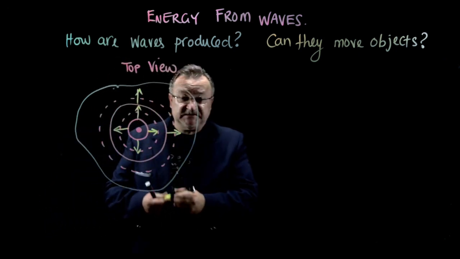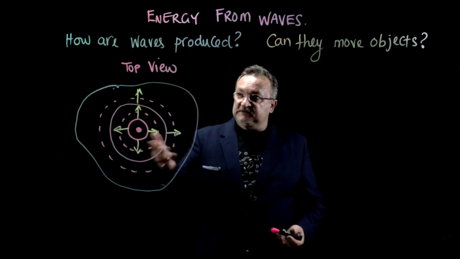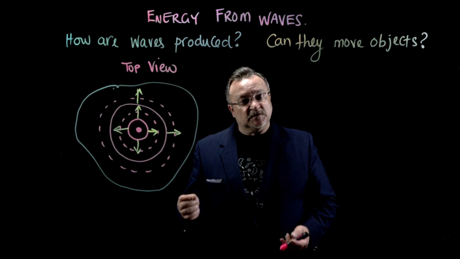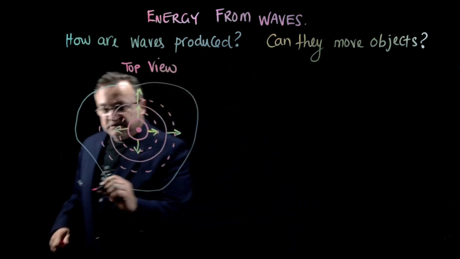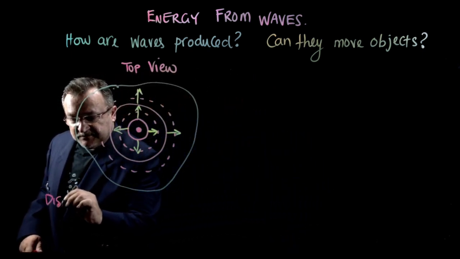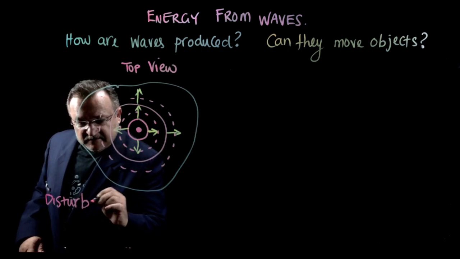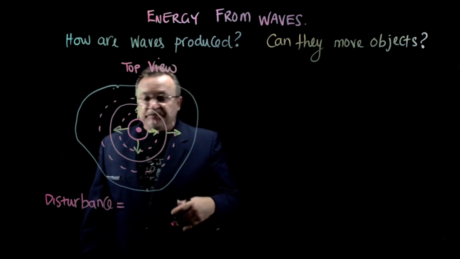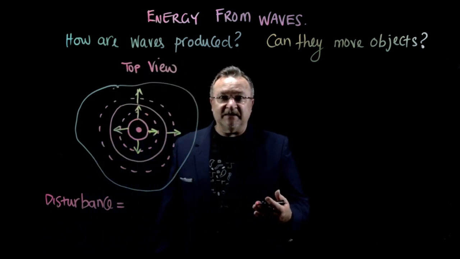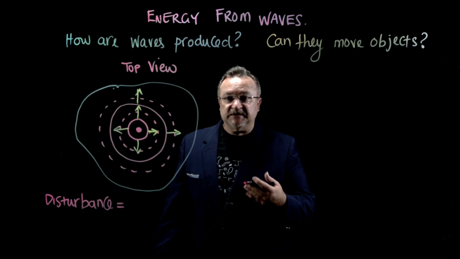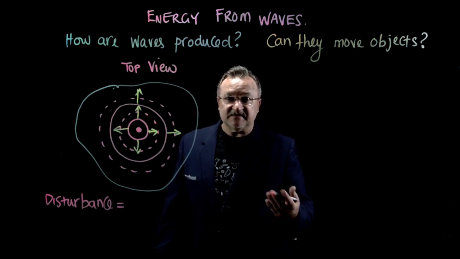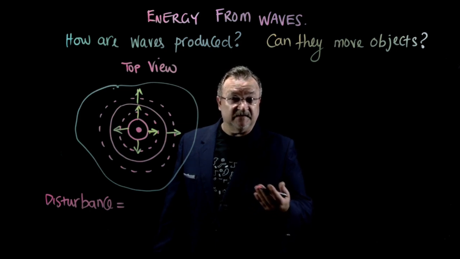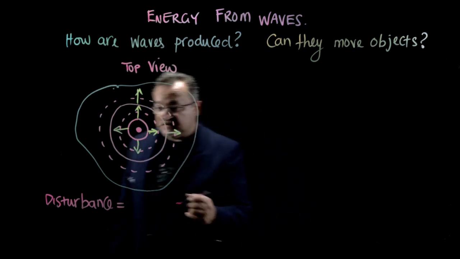Now, we've used the word disturbance because obviously the water surface has been disturbed. So the word disturbance actually means force. In fact, it is the term used to describe the force that generates any wave motion, whether it's the waves generated from an antenna or the waves generated from a device that produces a Wi-Fi signal.